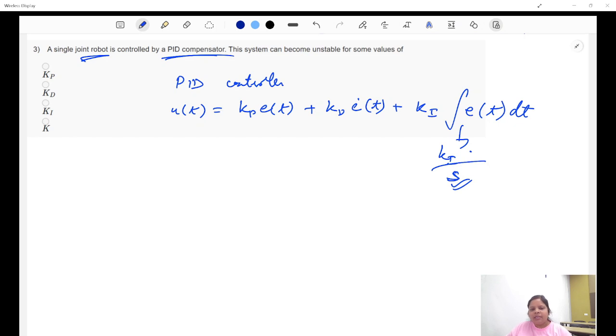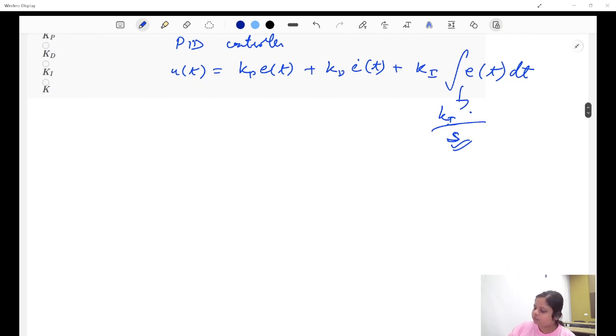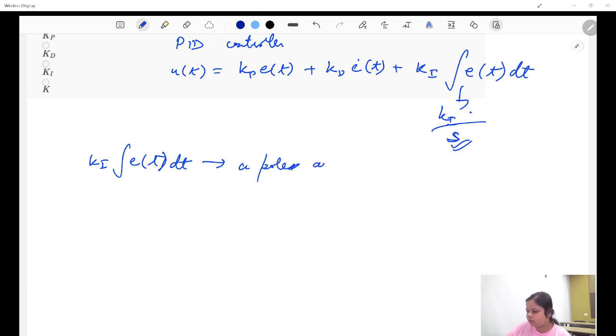So what happens? This integral term, Ki into the integral of E(t) dt, actually contributes a pole at the origin. It can create a problem.